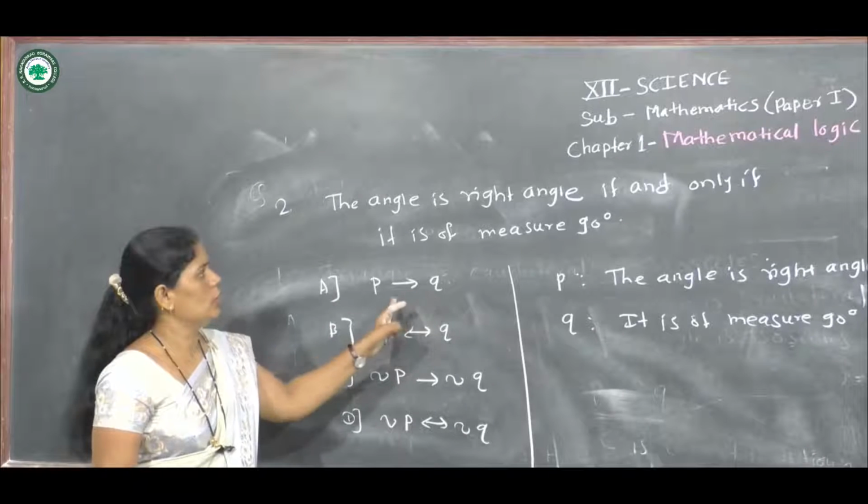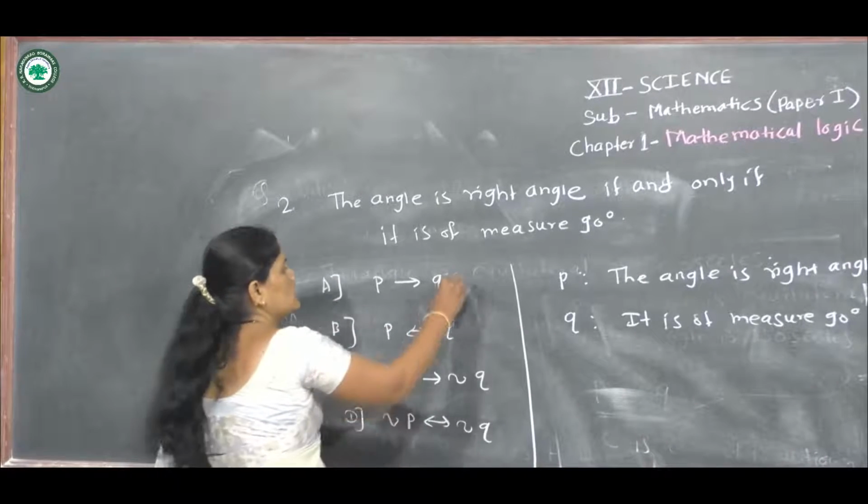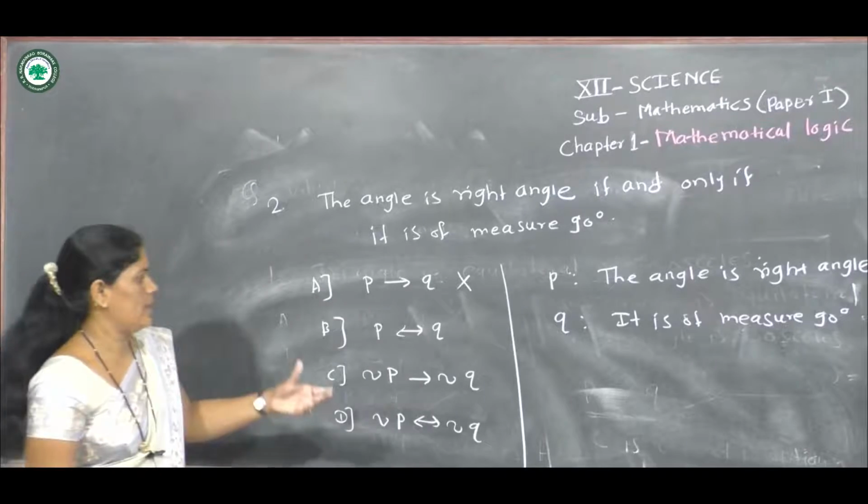P implies Q is if-then, therefore this is not the correct answer.